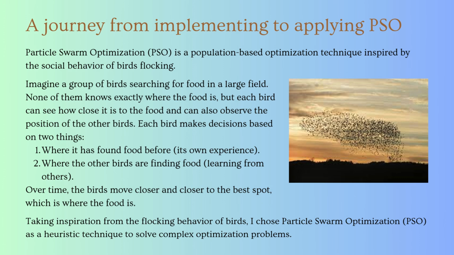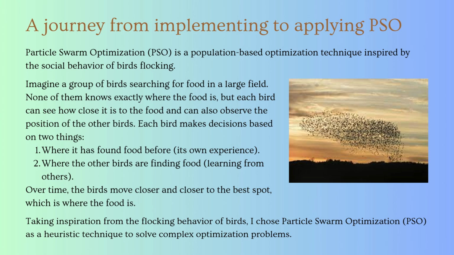In this way, the birds communicate in the swarm and find the optimal solution, which here is the food. Here, the end goal is to find the food, and each bird makes decisions based on two things. The first one is its own experience, meaning where the bird has found food before, and the second is learning from others, which is where the other birds are finding food.